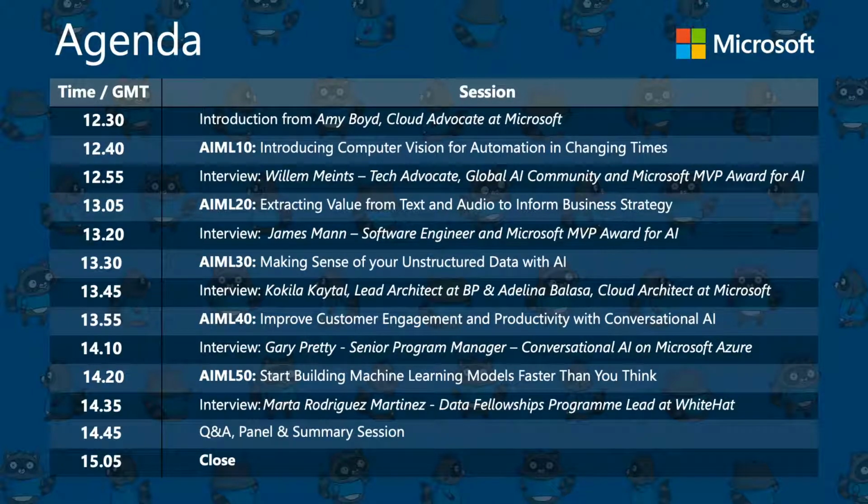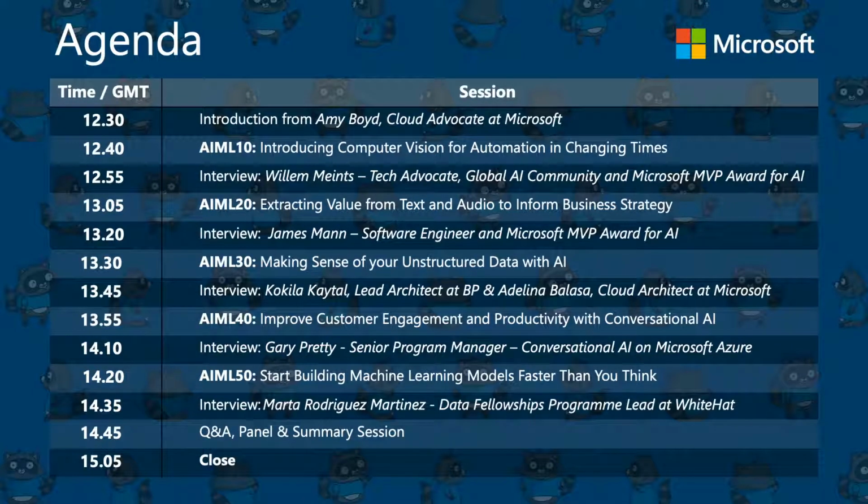We're then going to look at making sense of unstructured data using Azure Cognitive Search. We'll move on to the exciting area of conversational AI. And then finally, at the end, we'll jump into that element of, okay, we've looked at pure developer AI. How do we start moving across those boundaries if you're interested in learning more about data science?